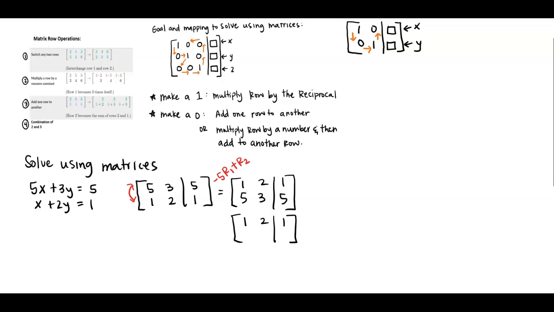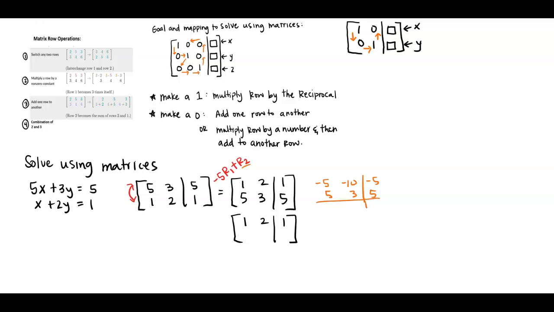Okay, and then if you need to do little work over to the side, like I did before, you can do that. So negative 5 multiplied by all of row 1, that would say negative 5, and then negative 5 times 2 is negative 10, negative 5 times 1 is negative 5, and I'm adding that to row 2. So I'll just put row 2 underneath that. So 5, 3, and 5.